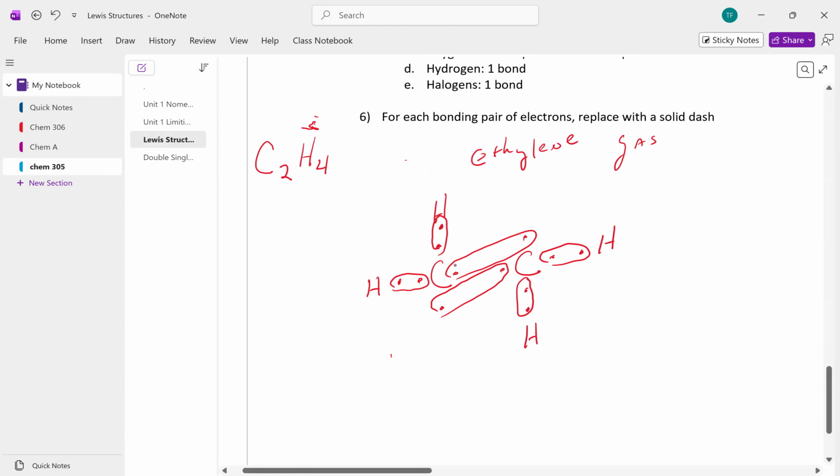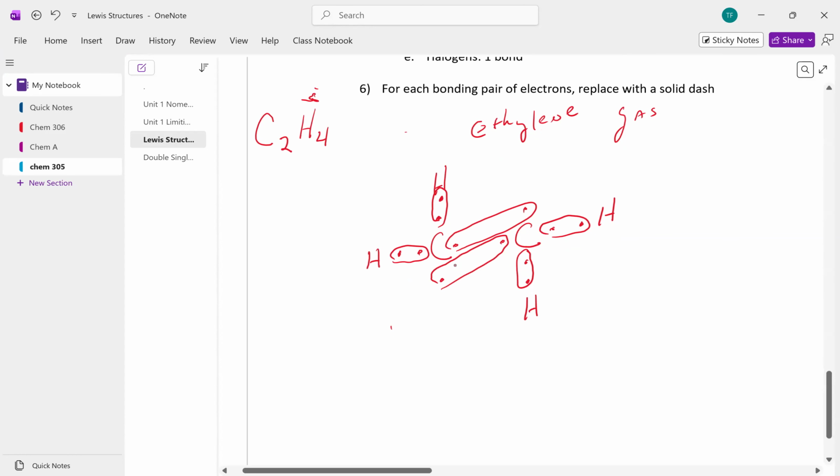Are we okay so far? Okay, good shape. Now we need to check for legality. How many bonds does carbon have? Well, we have 1, 2, 3, 4, and 1, 2, 3, 4 for the other one. So carbon's in good shape. Hydrogen, 1 bond, 1, 1, 1, 1. Now we look at shell.